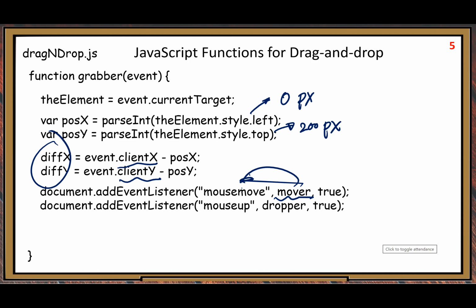I will show you the mover function code, the main code, soon. The second one, mouse up. Mouse up means drop, right? When you release your mouse, you drop it. So then the GUI element must stay there. So you need to call another JavaScript function called dropper. So next step, you need to provide the code for these two functions.